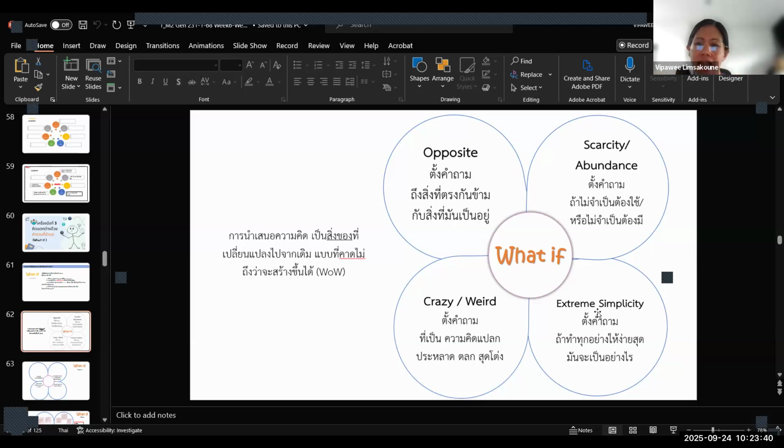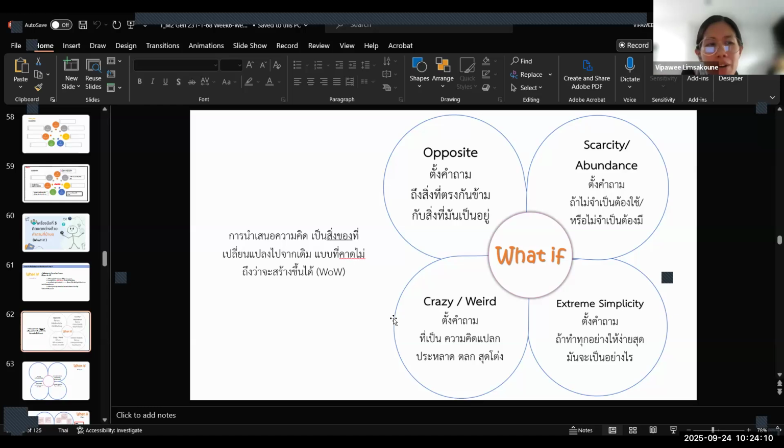Extreme simplicity. This one is like the washing machine again, when we just press one button, plug in the electricity, and it can work. Crazy or weird? This one helps us think outside of the box. You can write anything that comes up to your mind, but later on, you will need to prioritize your ideas as well.